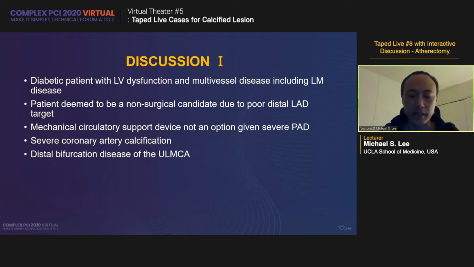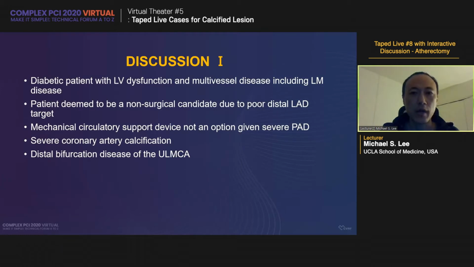So let's talk about some discussion points. Number 1, this is a diabetic patient with severe LV systolic dysfunction. He has multivessel disease involving the left main, which is also involving the distal left main. We had a heart team discussion, and with a multidisciplinary approach, it was felt that this patient was not a surgical candidate because he had a poor LAD target.